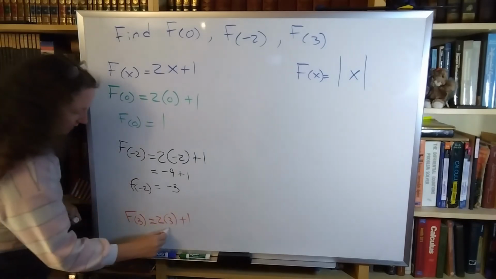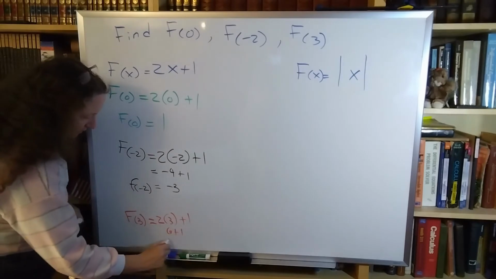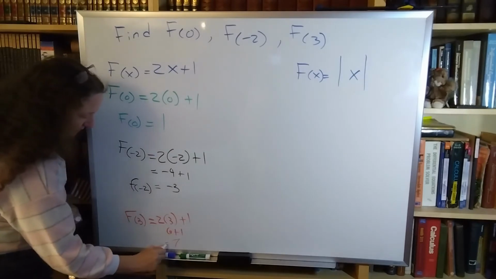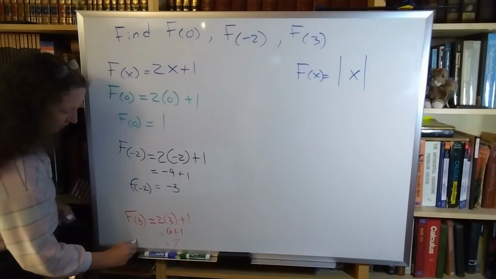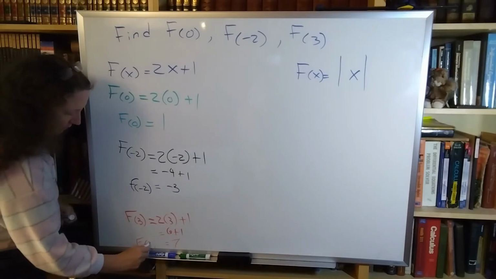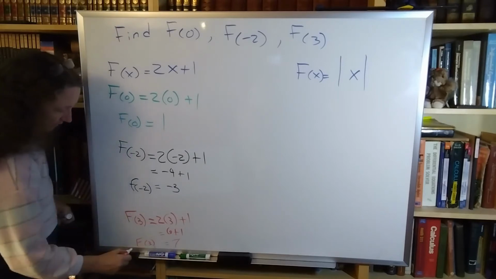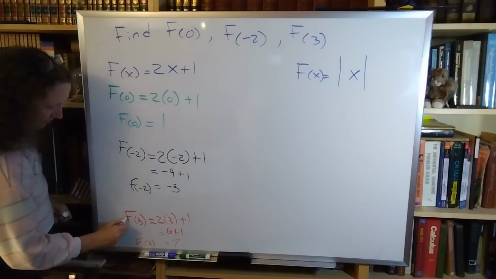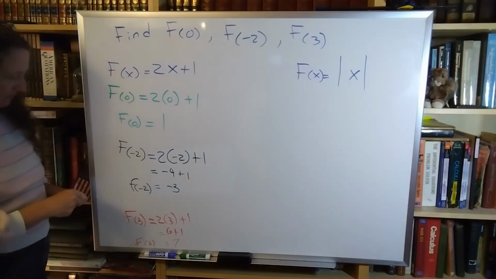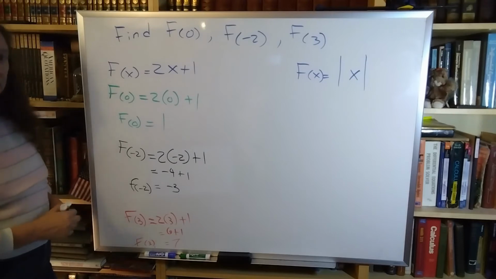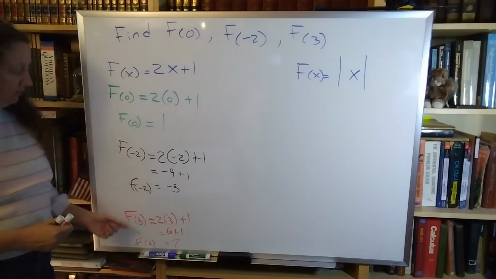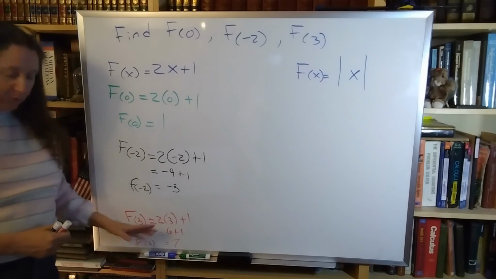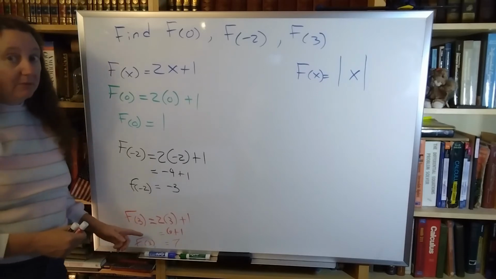So that's giving me 6 plus 1, which gives me 7. So f of 3 is 7. That should be a lowercase f. So that's all that's asking you to do. It's not saying divide that 3 over, because that is not multiplying.